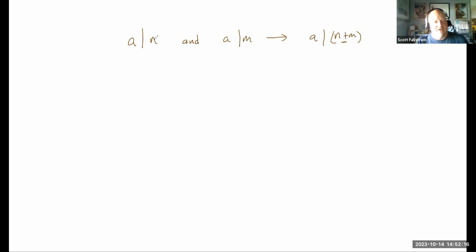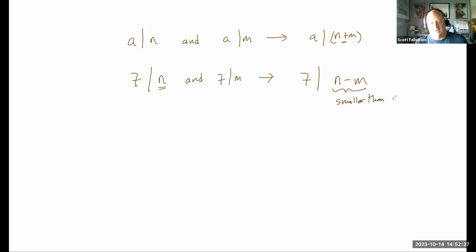If I have a number n, and I'm telling you that 7 divides n, you know that, and 7 divides m, well, then we know that 7 must divide n minus m, which is going to be smaller than n.